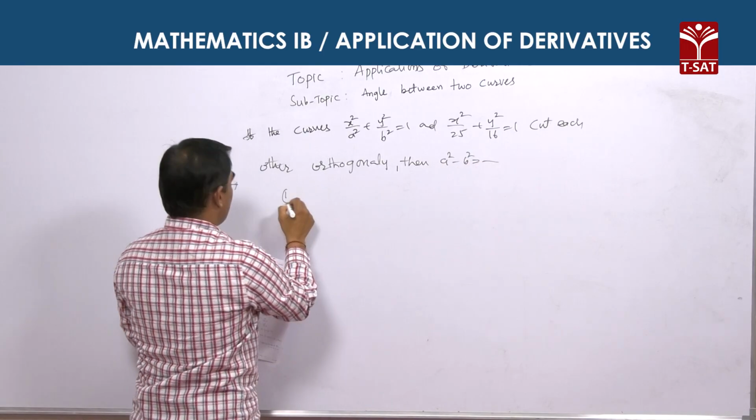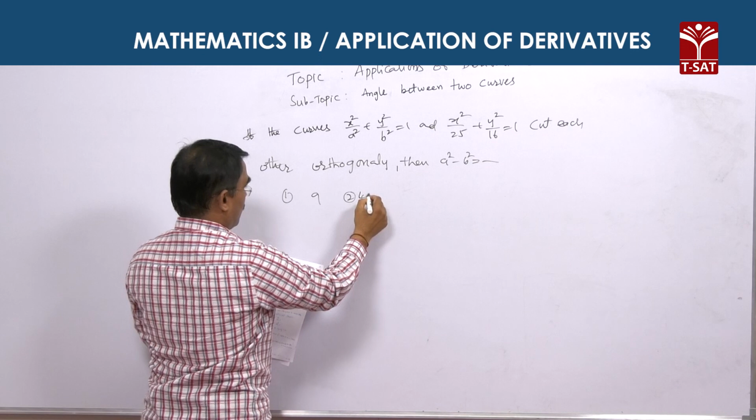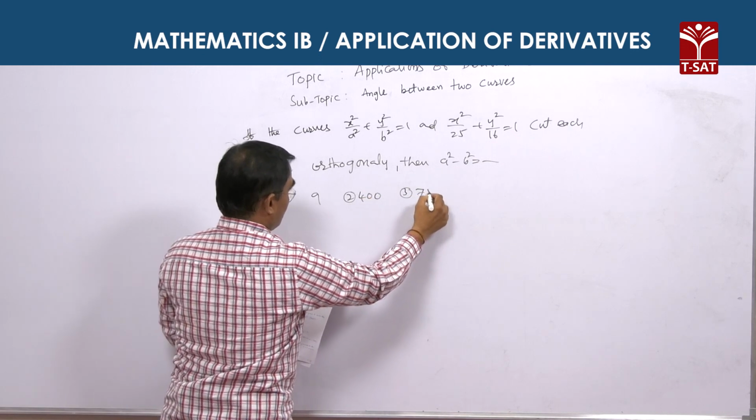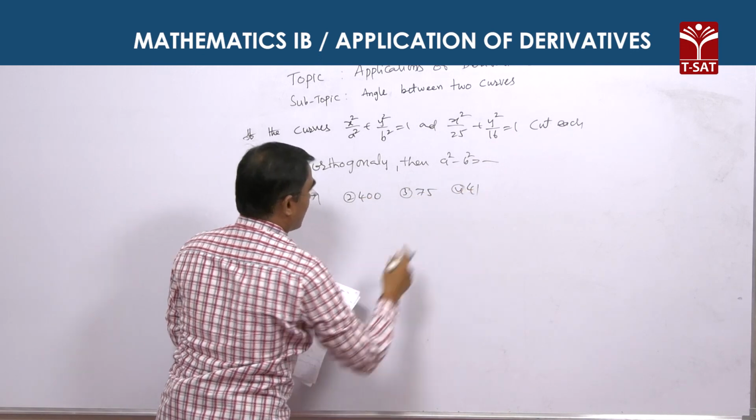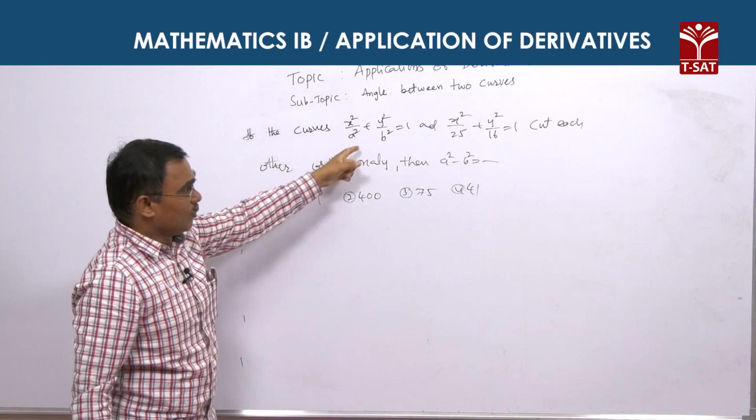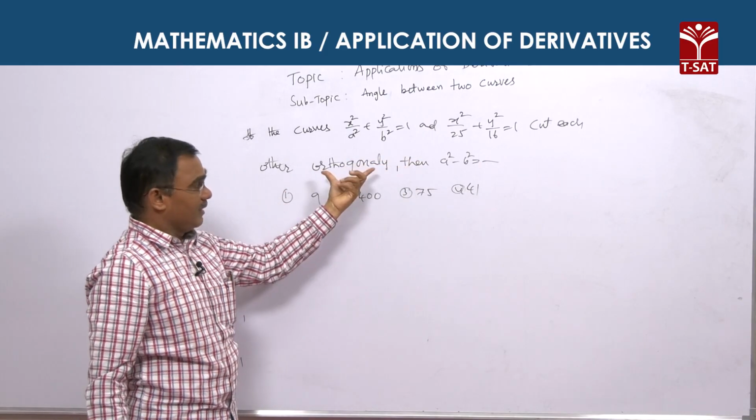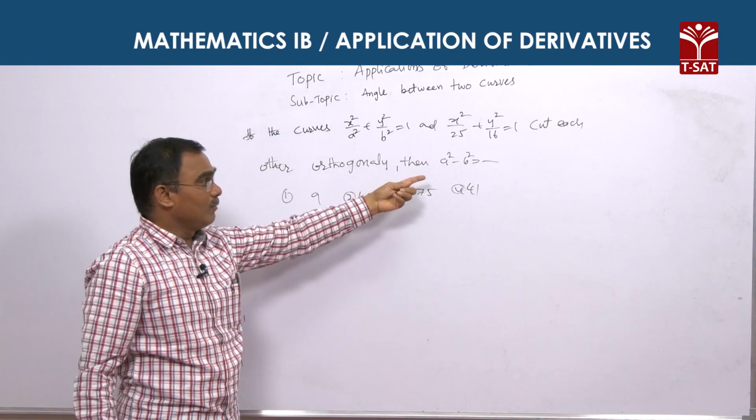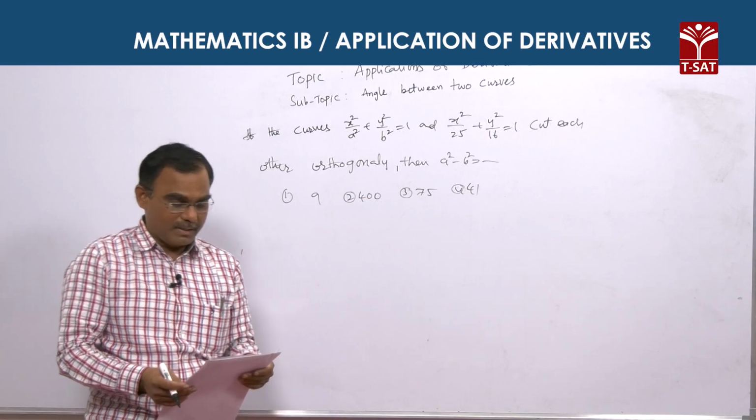The options are 9, 400, 75, and 41. Two curves are given, and they cut each other orthogonally. Then what is the relation between a square and b square?